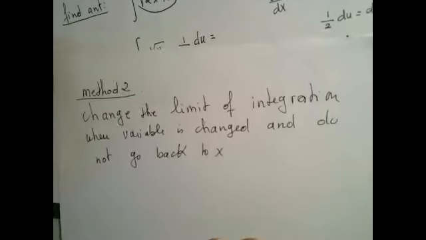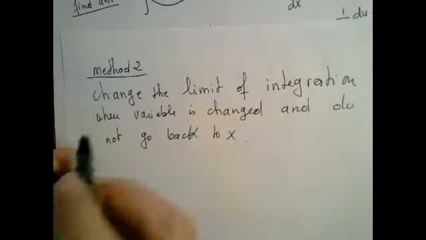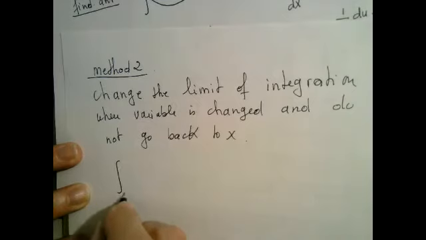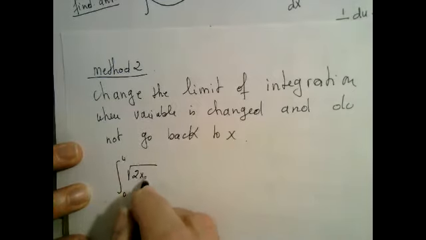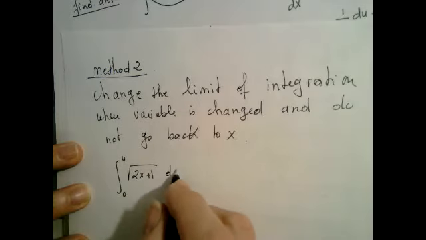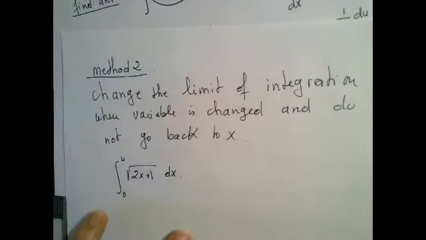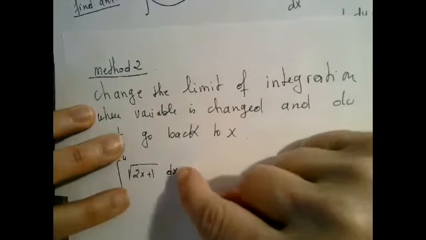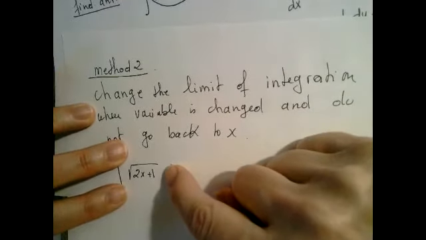Now in practice, what am I talking about? Again, I will take the exact same integral. I'm not changing it. Again, I need the antiderivative, and the only way I can find it in this problem is by substitution.